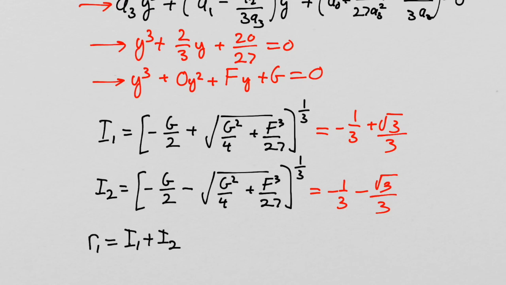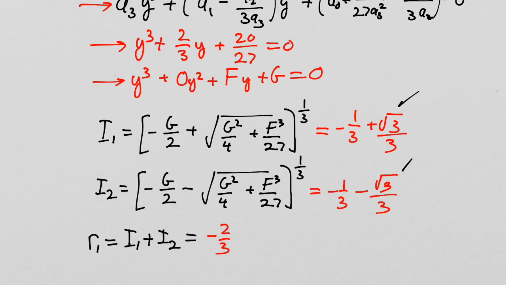So you can tell that this part and that part will cancel, and so the sum of those two is the first root, and that equals for our case here minus 2/3.